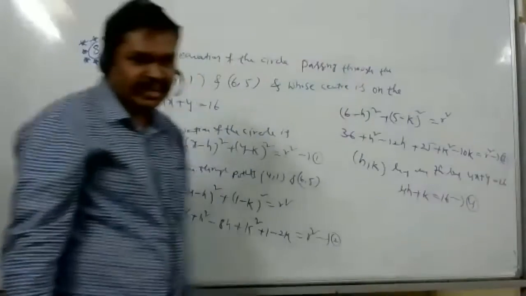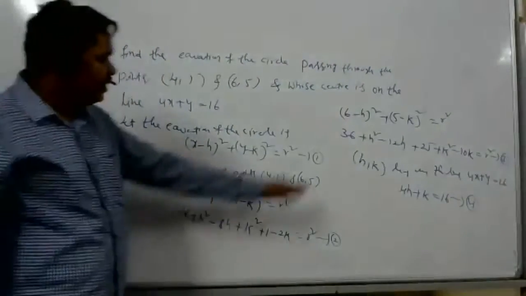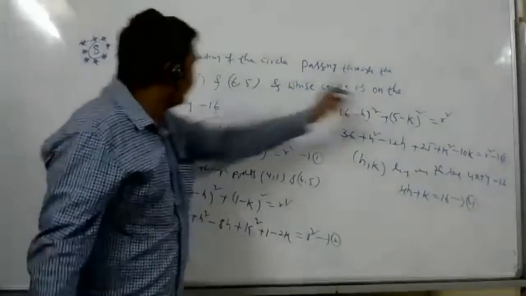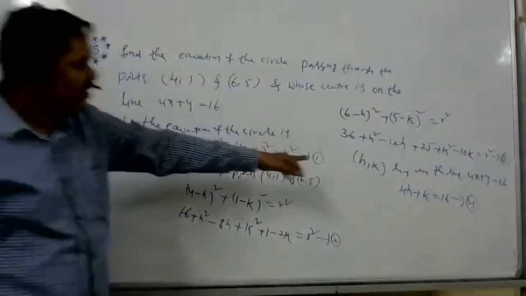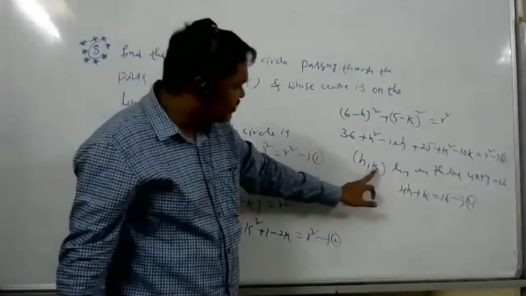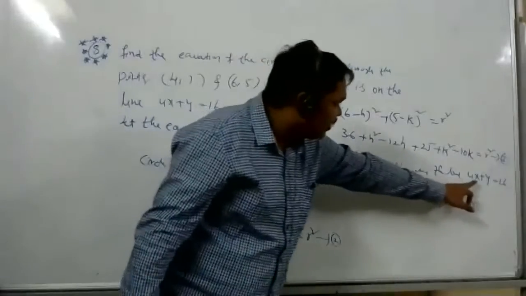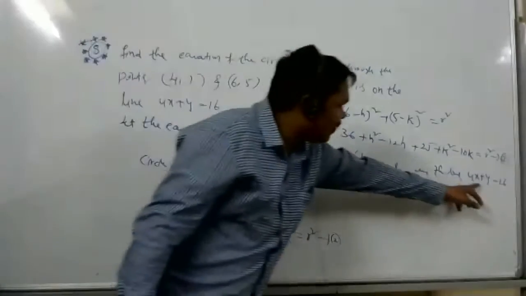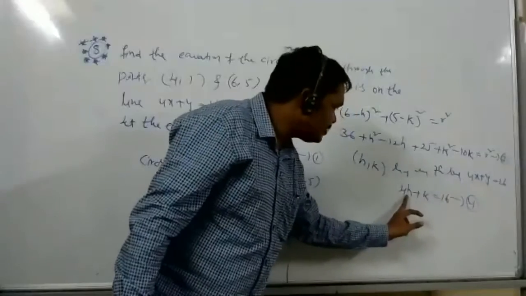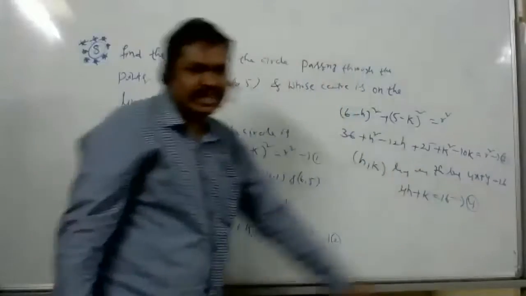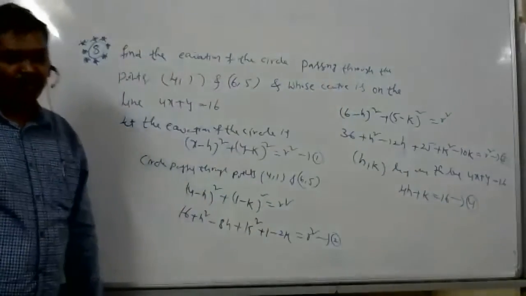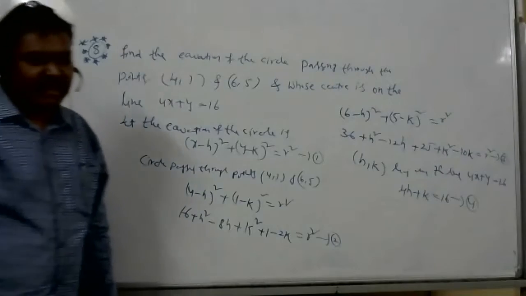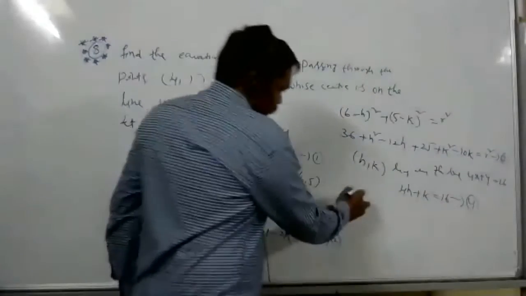That is equation 3. Then the center h comma k lies on the line 4x plus y is equal to 16. Then in place of x and y, 4h plus k is equal to 16. That is equation 4.